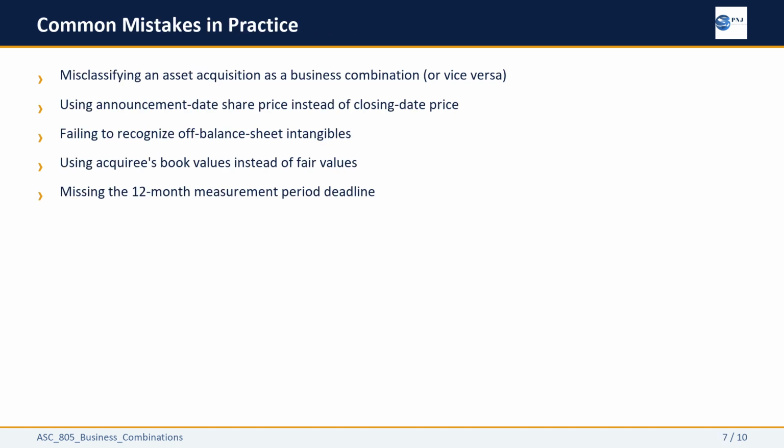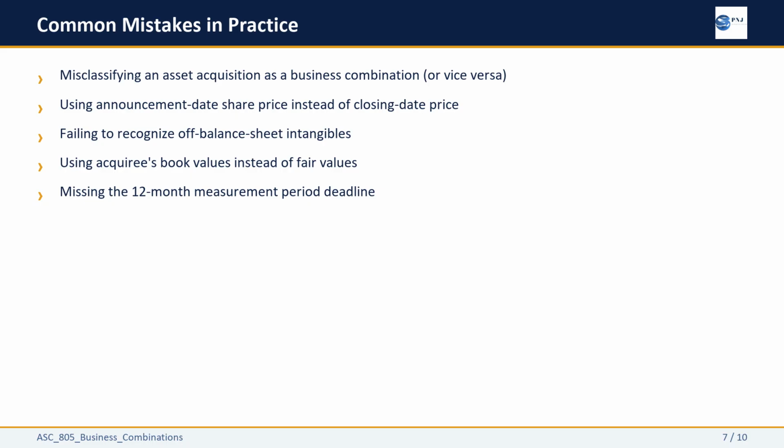These are the errors that appear most frequently. Misclassifying a transaction, treating an asset acquisition as a business combination or vice versa, is foundational and produces cascading errors across goodwill, acquisition costs, and contingent consideration. Using the announcement date share price instead of the closing date price understates or overstates consideration.